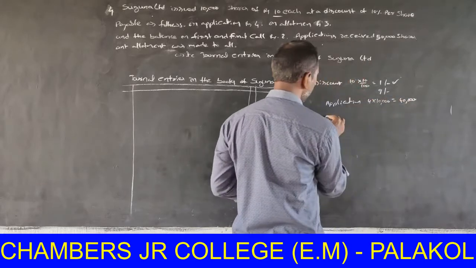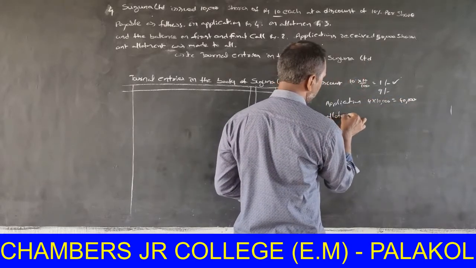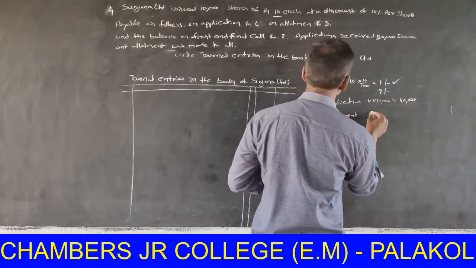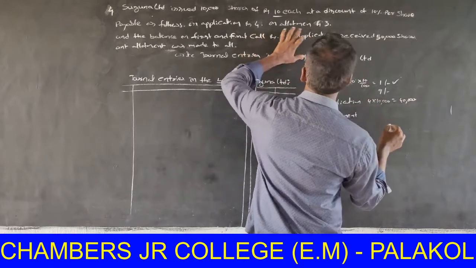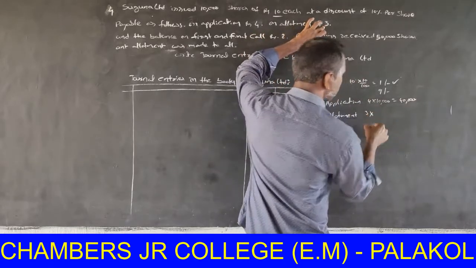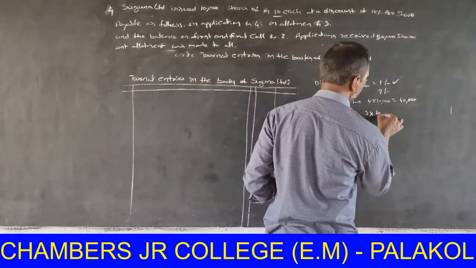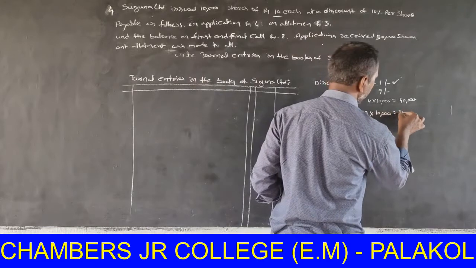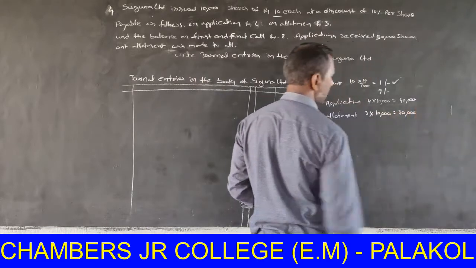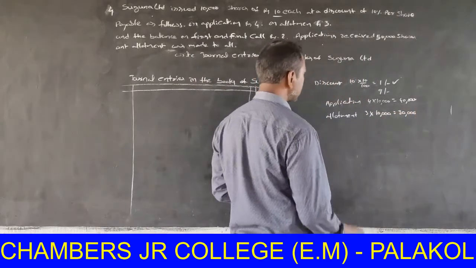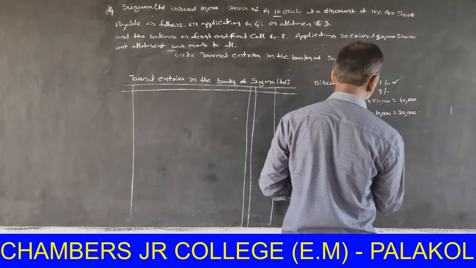On allotment, 3 rupees, 3 into 10,000 equal to 30,000. The discount is deducted here.